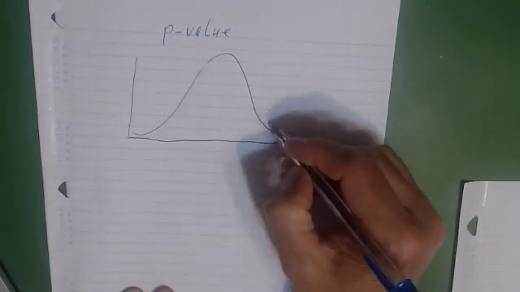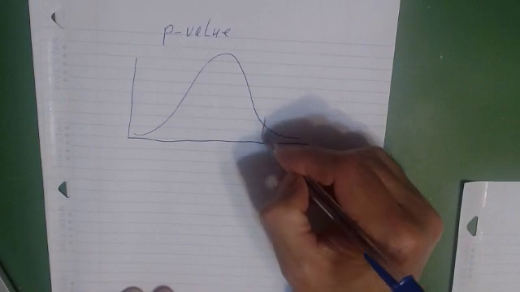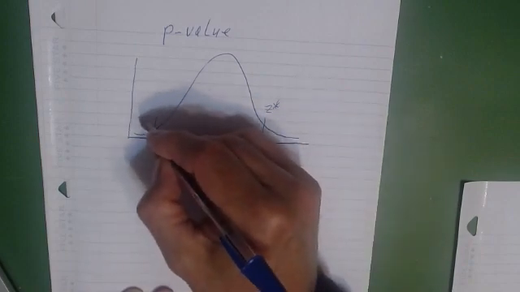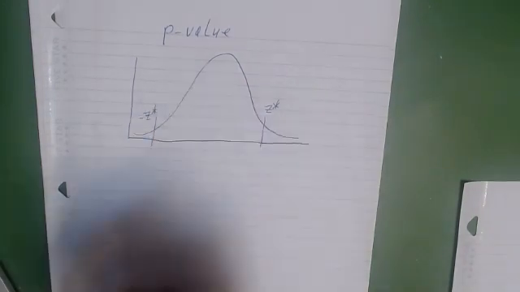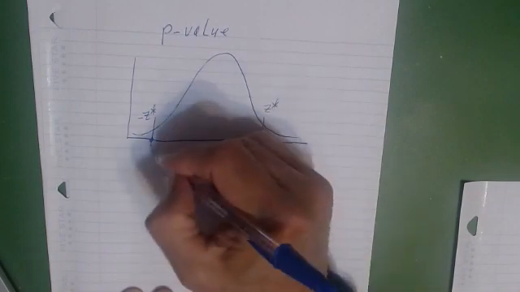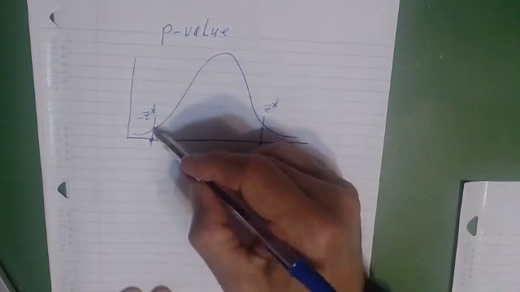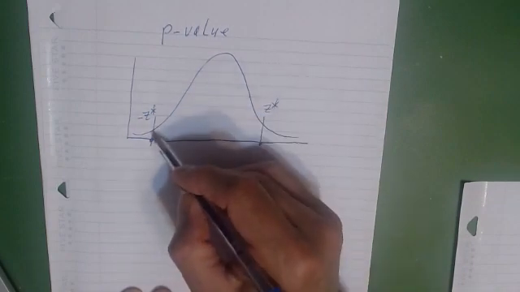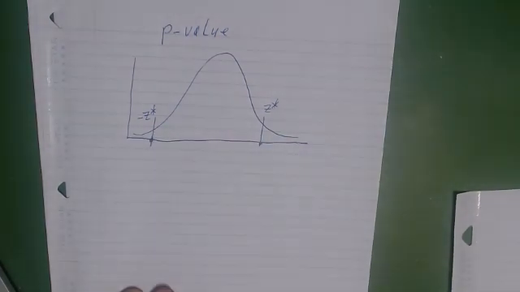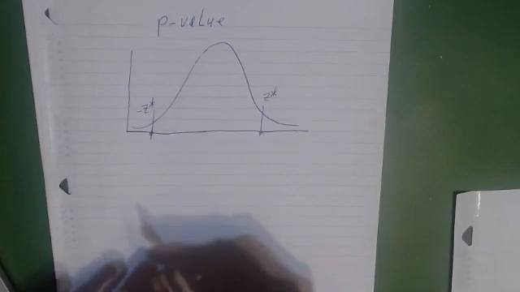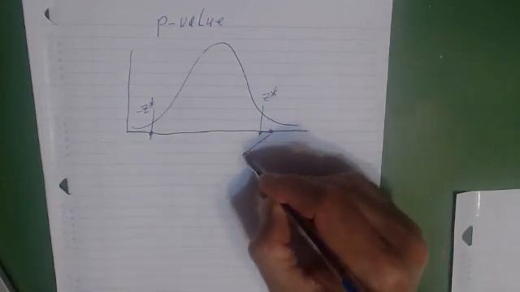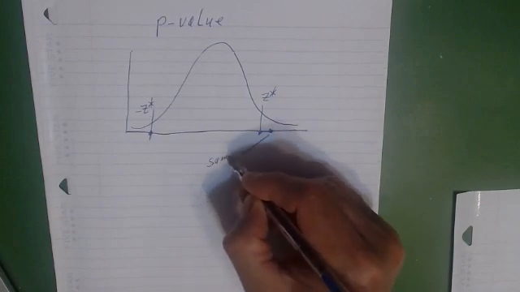Okay, so let's say this was Z star, and minus Z star. So when you write that, remember, you're talking about the point down here. You just draw the line to show this, because this area is a probability under the curve. But then we get a sample, and let's say our sample hit there.